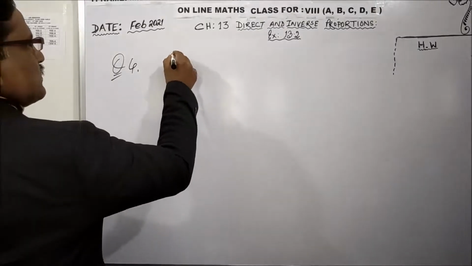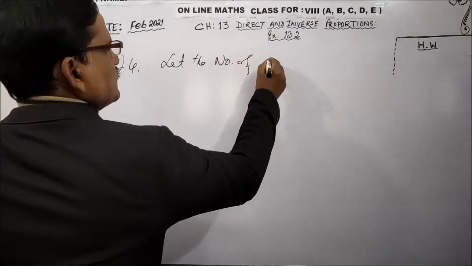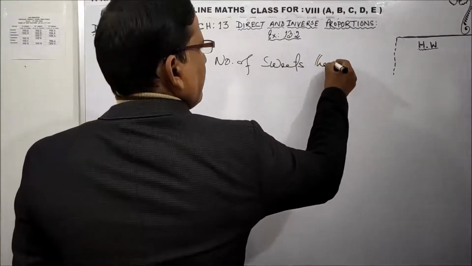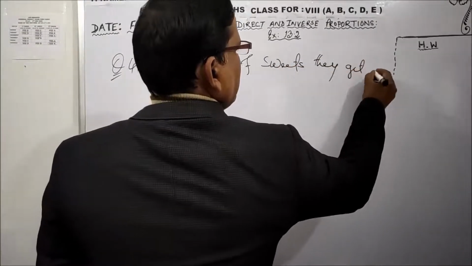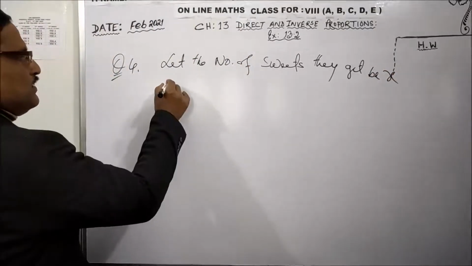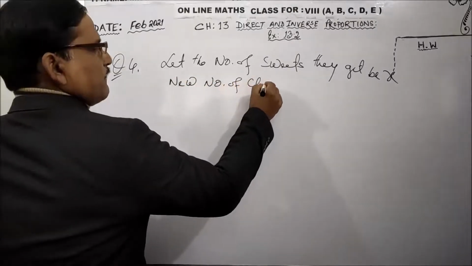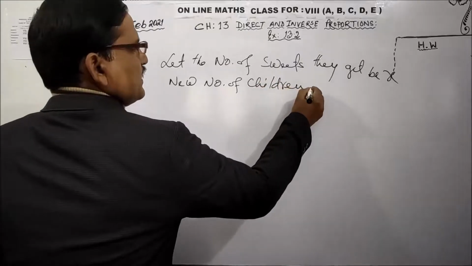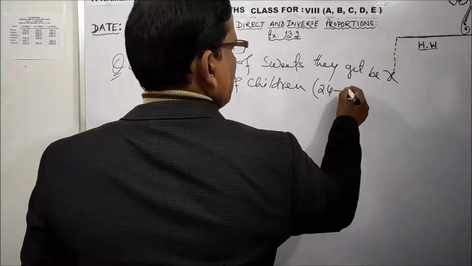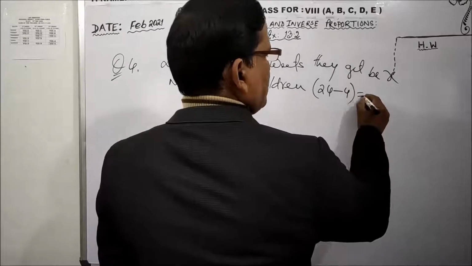Let the number of sweets they get be X. New number of children: earlier it was 24, minus 4. If 4 children are reduced, earlier it was 24, now it is 20 children.